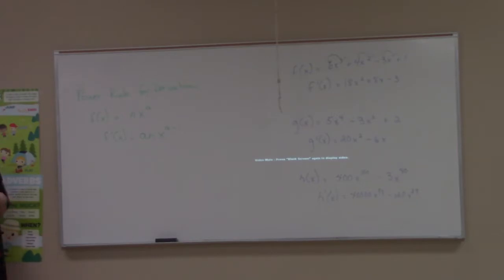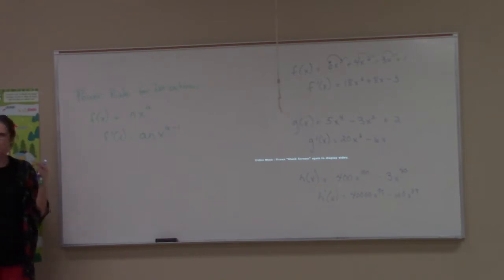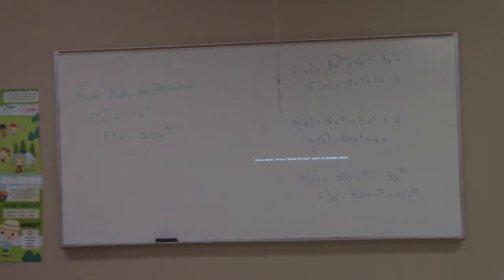All right? Now, how does it work? Who found this pattern? I don't know. I think what it was is way back when mathematicians would do problem after problem after problem to see a pattern, they came up with this pattern. Okay? So it's the power rule for derivatives. And it works every single time.